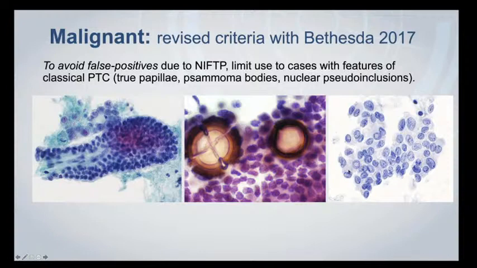And if you have lots of intranuclear pseudo-inclusions, it's very unlikely to be a NIFT-P. So in the revision of the Bethesda system, we recommended that you limit the use of the malignant category to cases that had these diagnostic features of a classical or other variant of PTC, not a follicular variant or NIFT-P.